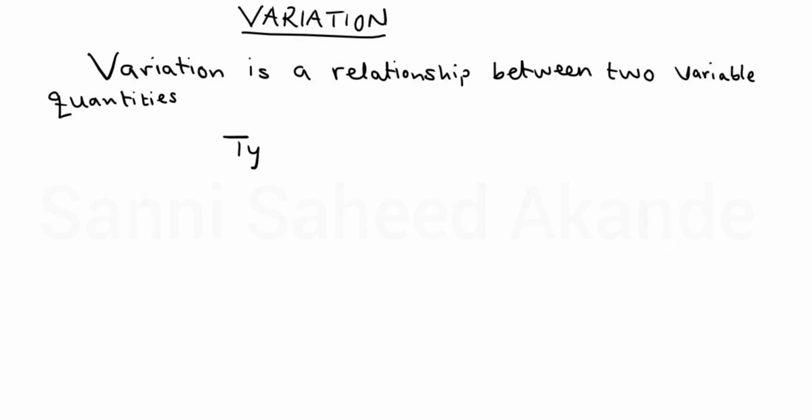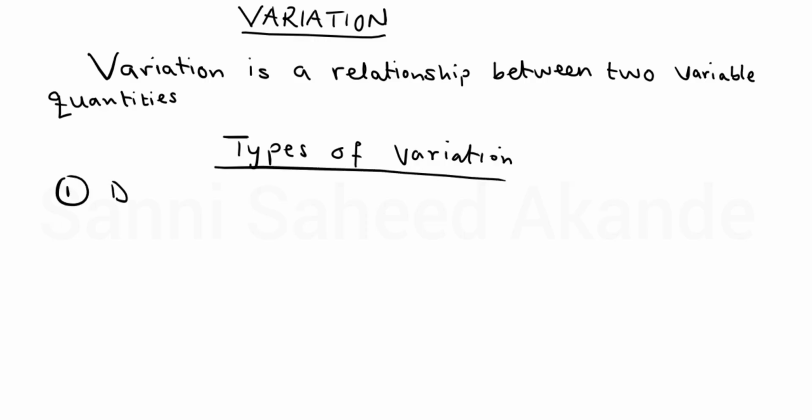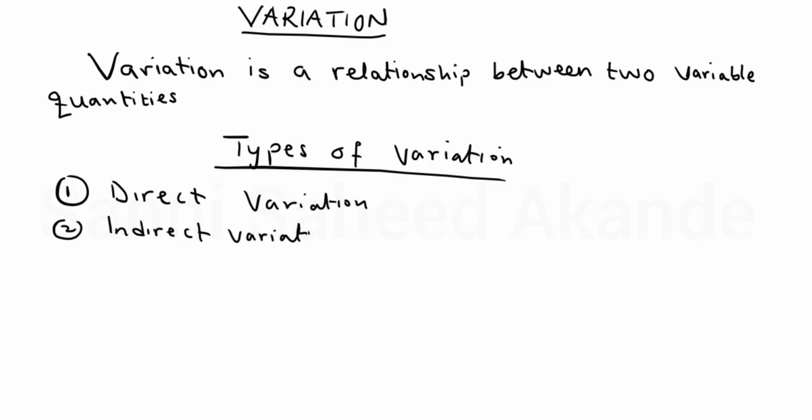Types of variation. Number one, we have direct variation. Number two, we have indirect variation, or you can call it inverse variation.